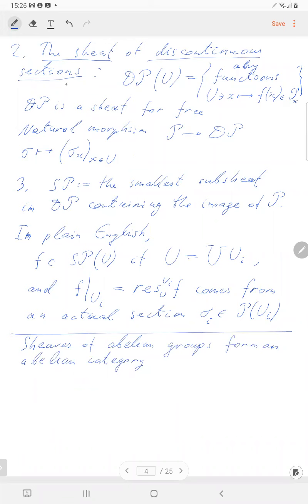So we have to define injections, surjections, or epimorphisms, monomorphisms, and kernels and cokernels and images.